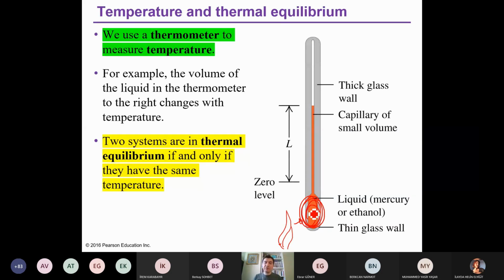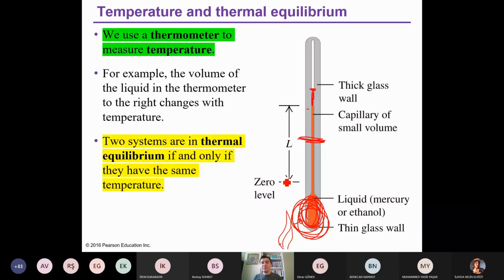Or if you use a cooling source close to here, then the temperature will decrease. The level will come somewhere here because due to the cooling, the volume of this material within this thermometer will decrease. So this is the general working principle of a glass thermometer.